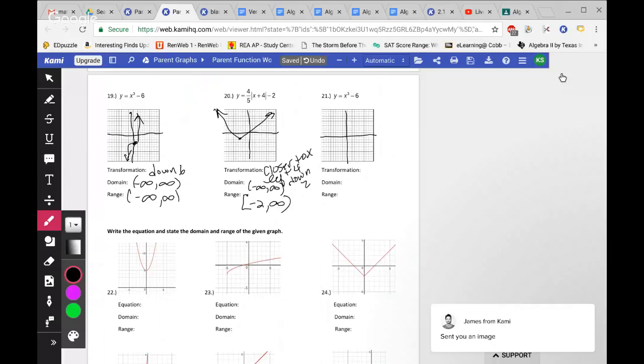Down 6. Yes. That's the exact same one as 21. Exactly.